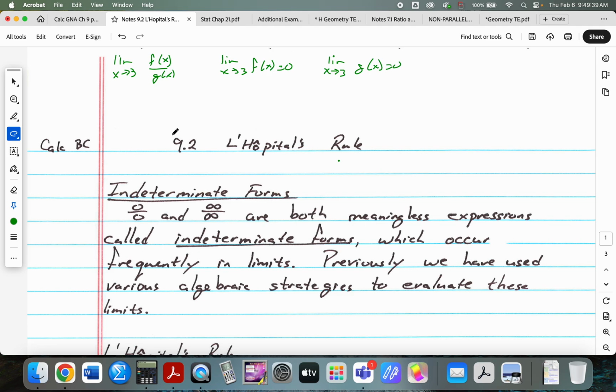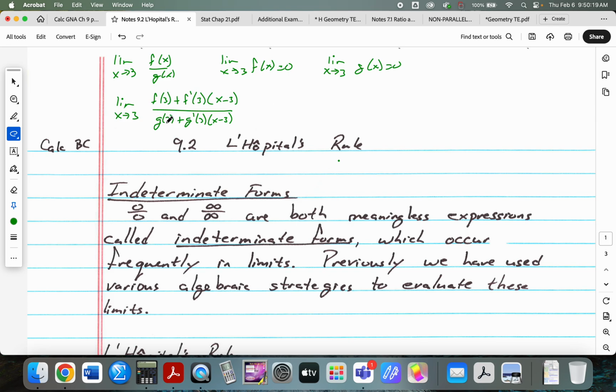And so when we do that, the tangent line at x equals 3 for f of x is going to be f at 3 plus f prime at 3 times x minus 3, right? And this is going to be g of 3 plus g prime at 3 times x minus 3, right?